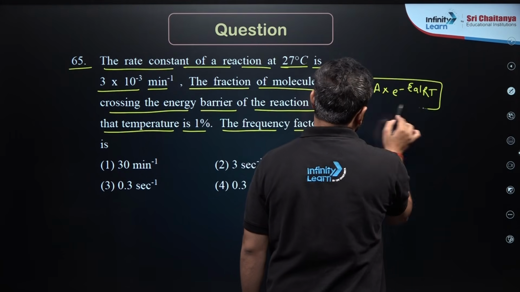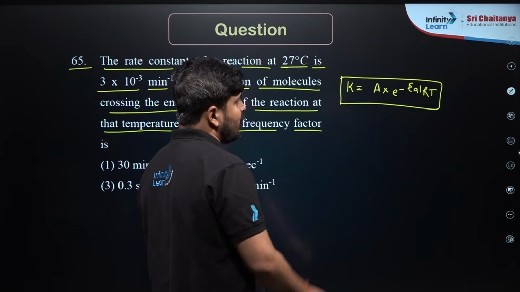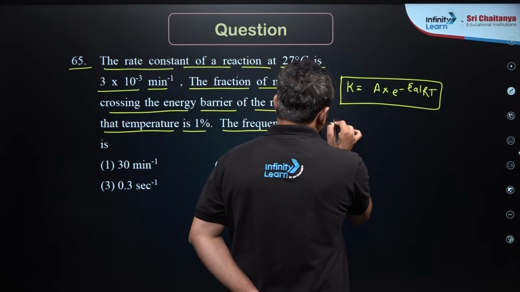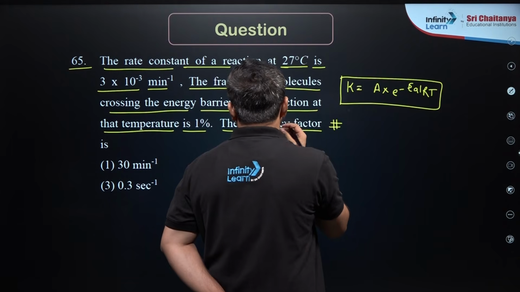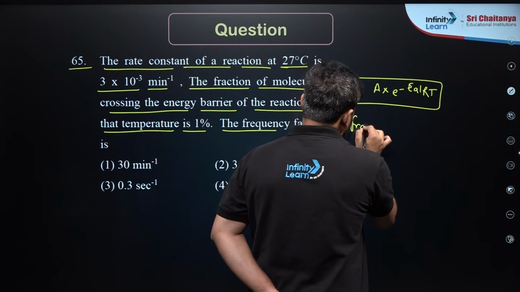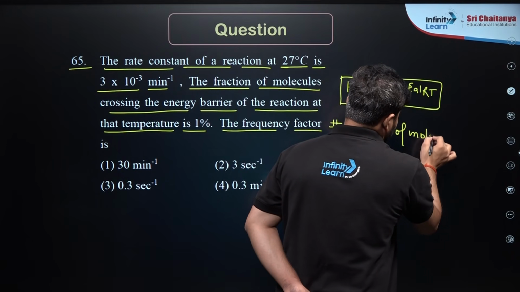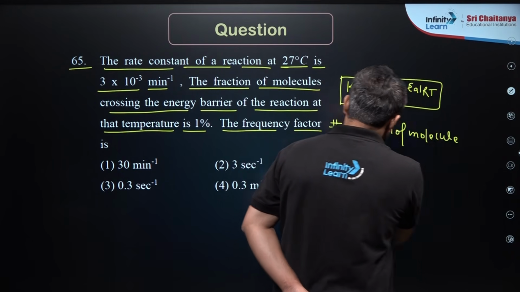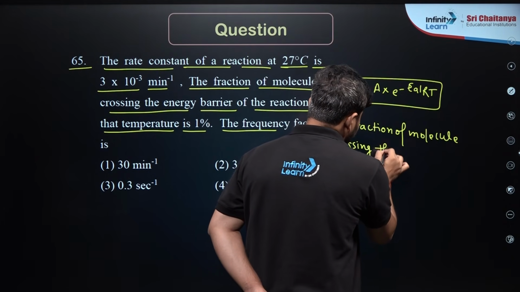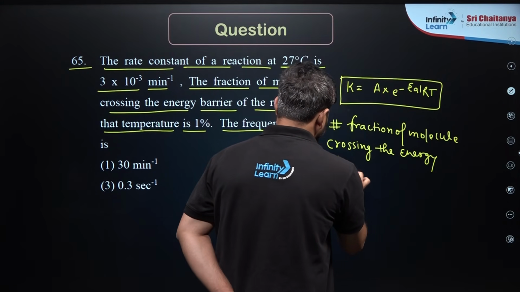Here, the condition given is the fraction of molecules crossing the energy barrier.